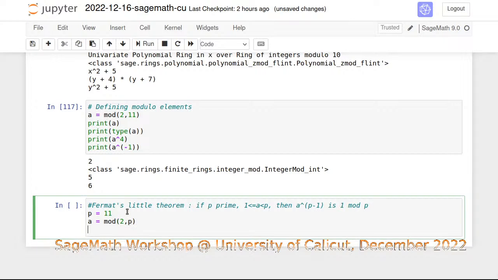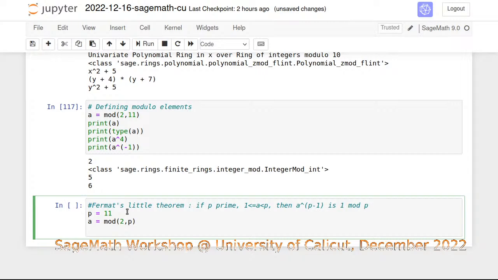We are supposed to show that every element in the range 1 to P minus 1, other way, A to the power P is nothing but A. So anyway, we are taking a prime P. I got confused between Fermat's theorem and Euler's phi theorem.